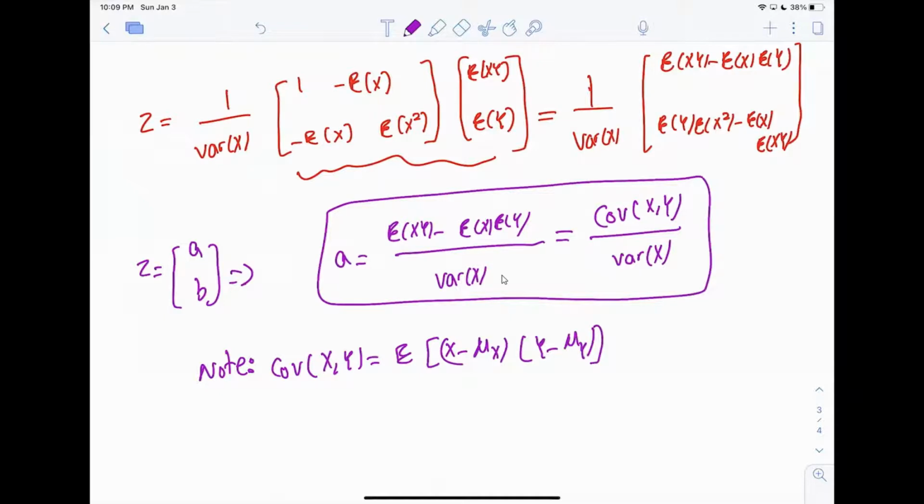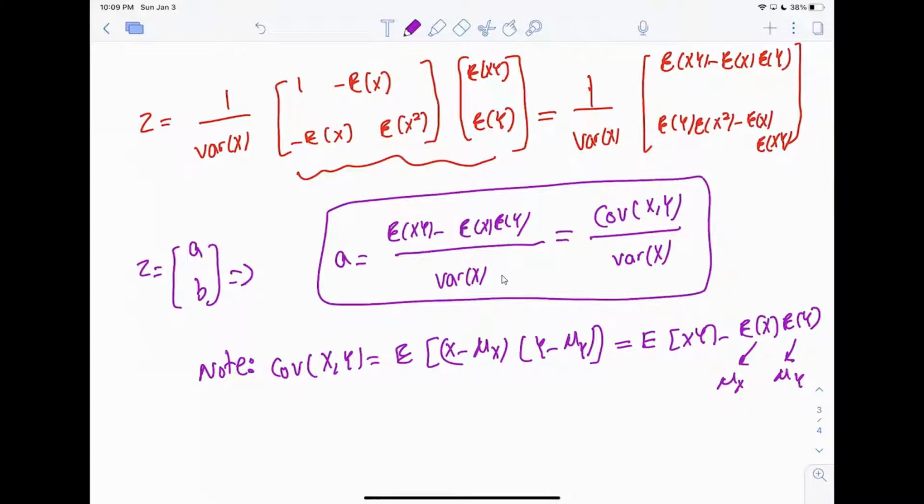If you multiply these two and expand, you get something like xy minus E[x] times E[y], where E[x] is mu of x and E[y] is mu of y. For convenience, I just use E[x] and E[y]. Okay, perfect. So now we know what A is.